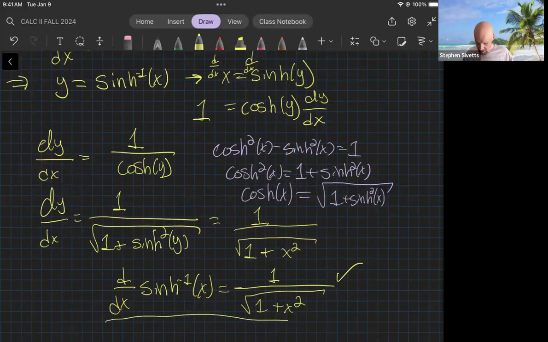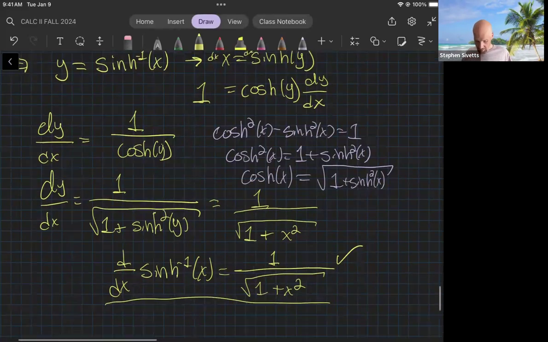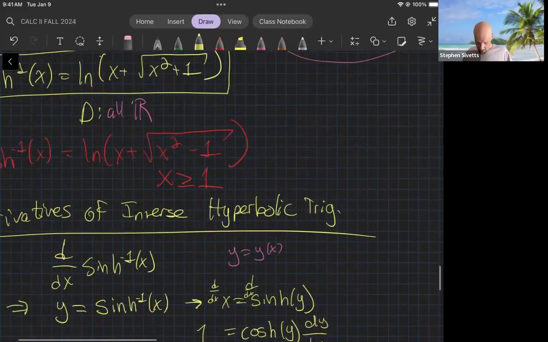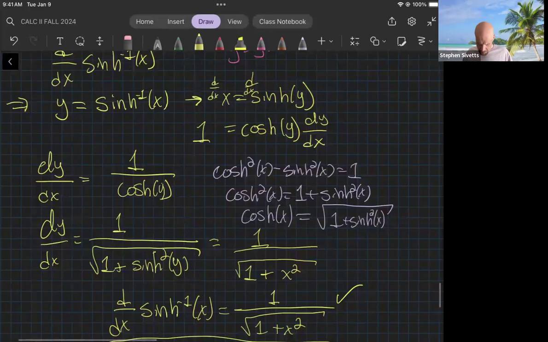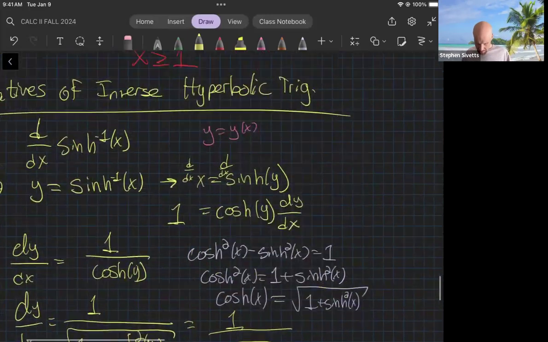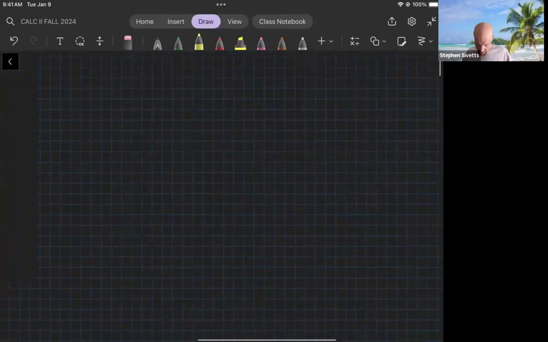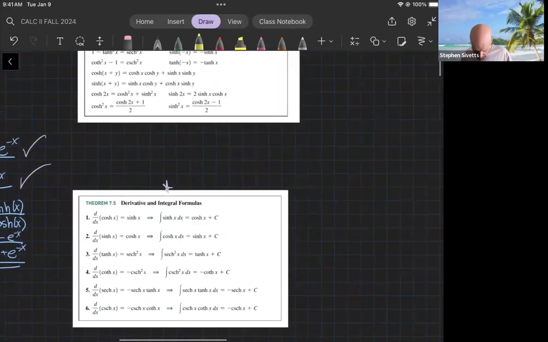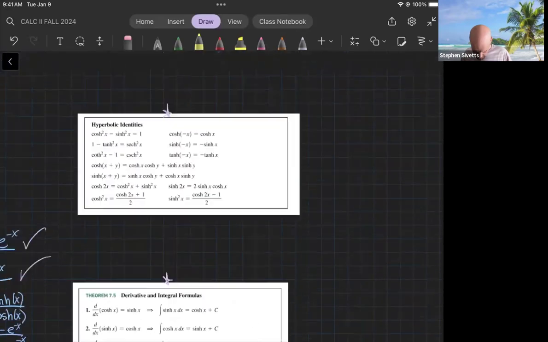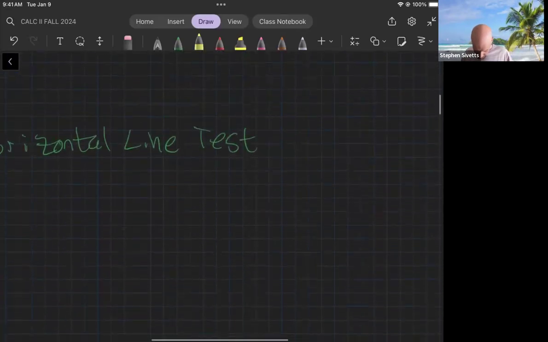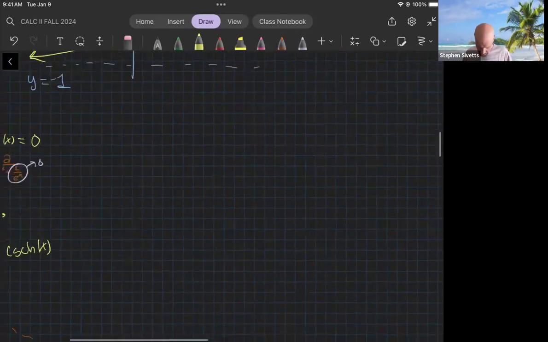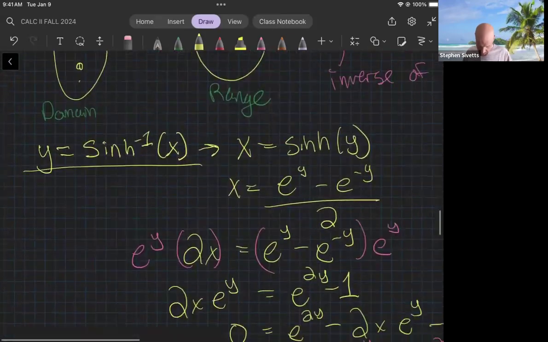But essentially, this is how you differentiate the inverse hyperbolic sine of x, right? You can use this same method to derive all the other inverse functions. I don't have that here, but it's in your textbook.